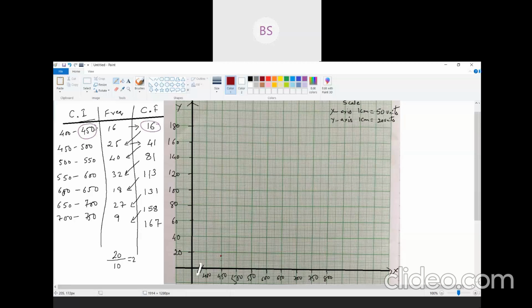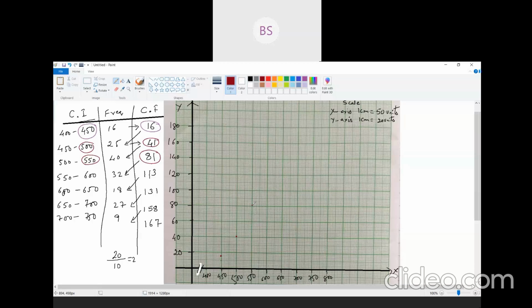Similarly, we have to mark 541. So next is 541, between the 40 and the first line. Then we have 550 and 81.